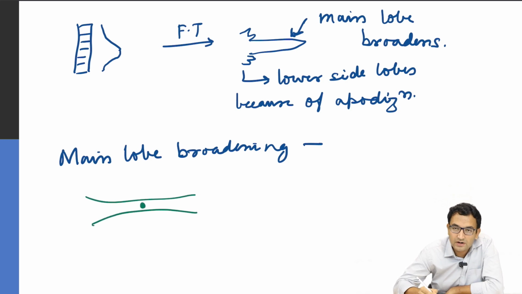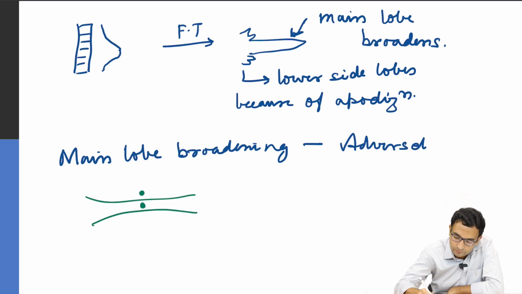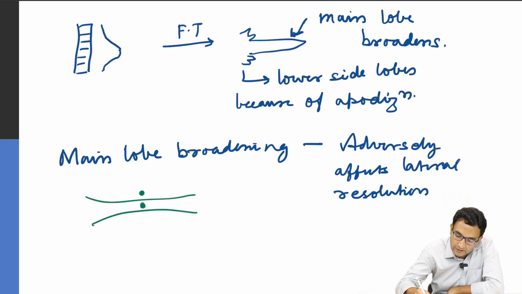We talk about the lateral resolution as the ability to differentiate these two scatterers which are within the beam and outside the beam. If my main lobe broadens, then it adversely affects lateral resolution. Right? So it affects lateral resolution, but it improves contrast resolution.